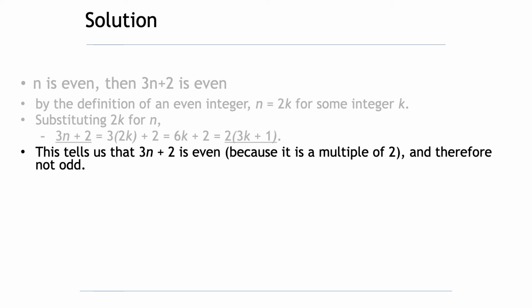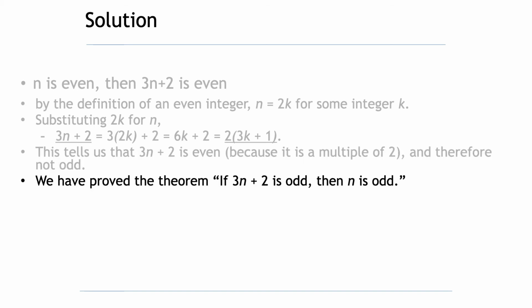In other words, not Q implies not P, then the original conditional statement P implies Q is true. We just proved the theorem: if 3n plus 2 is odd, then n is odd. As you see here again, we are doing a recap of the theorem to state that we finished the proof.